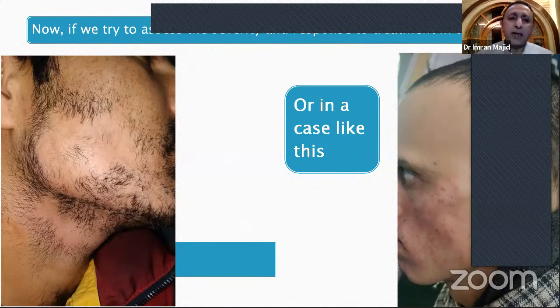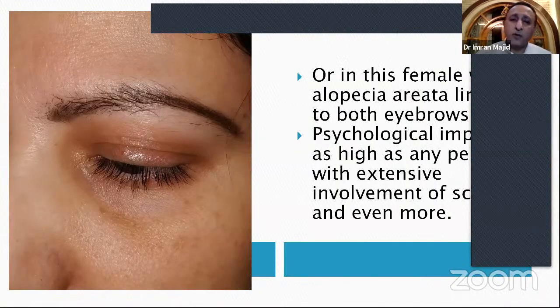If we take any of these scoring systems, like the SALT score, the SBN score, or even Alodex score, none of them can tell us the extent or severity of alopecia areata in these cases, or in a female who has involvement of the eyebrows.